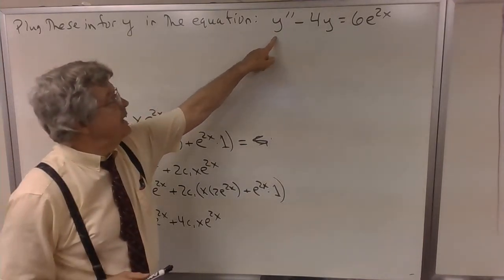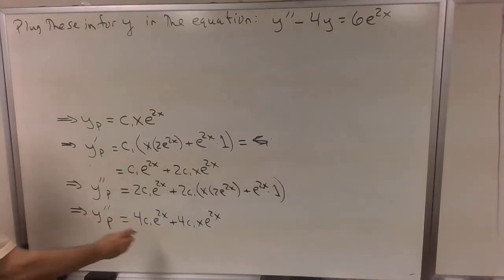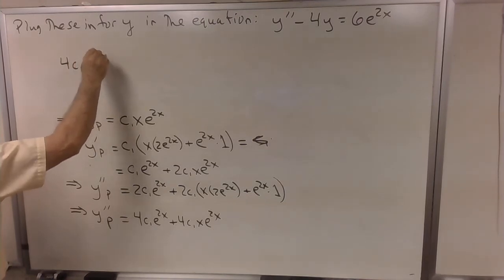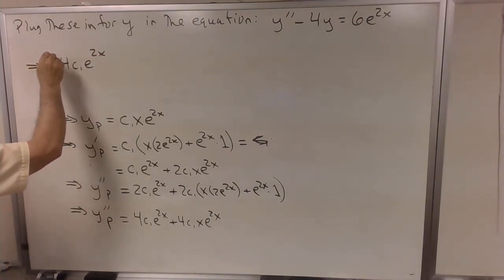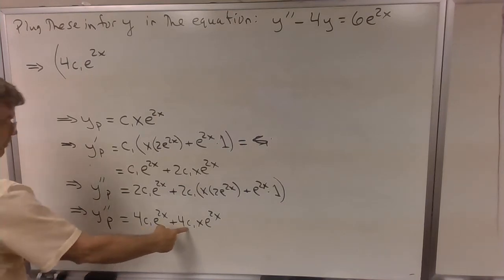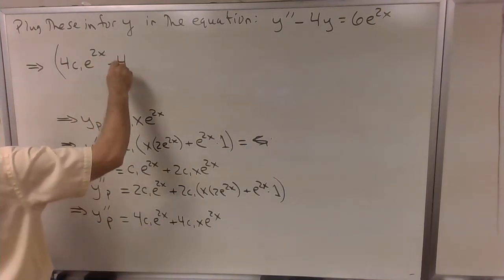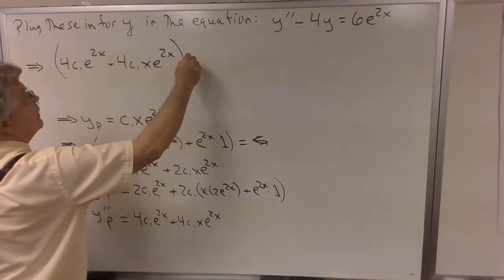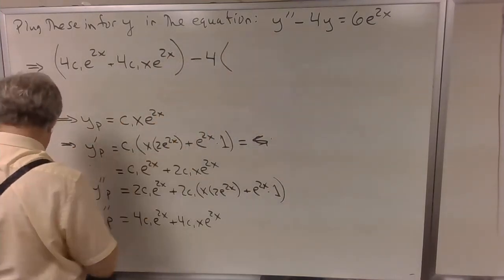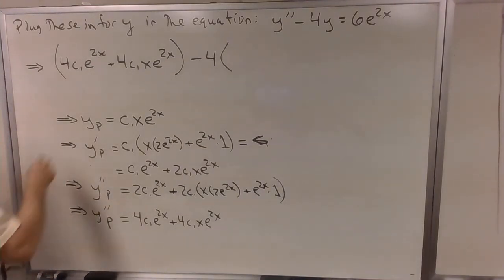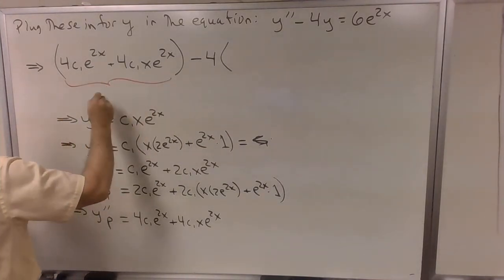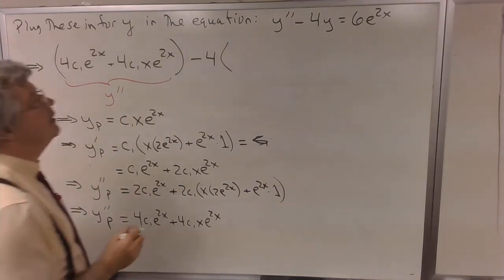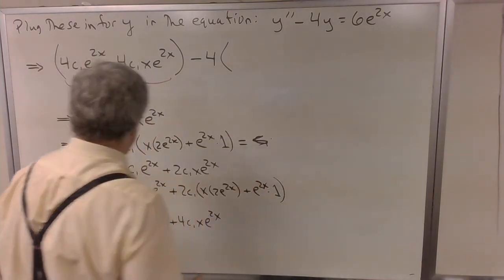Okay, y double prime. That's going to be 4C1 e to the 2x plus 4C1 x e to the 2x. So this is y double prime minus 4y.